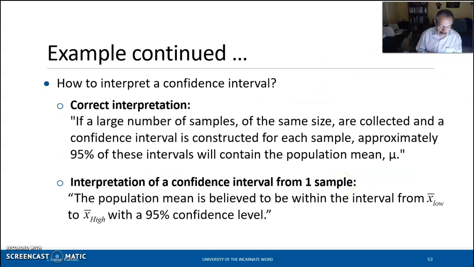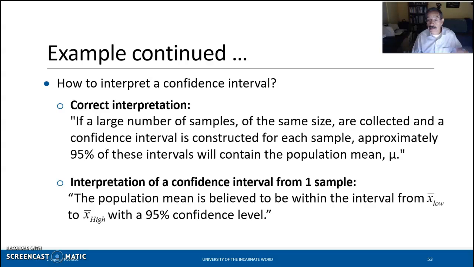Well, you may say the theoretical interpretation, or what we call the correct interpretation, the one that your textbook uses. It says if a large number of samples of the same size are collected and a confidence interval is constructed for each sample, approximately 95% of these intervals will contain the population mean.